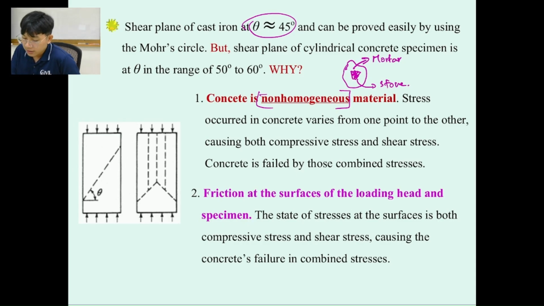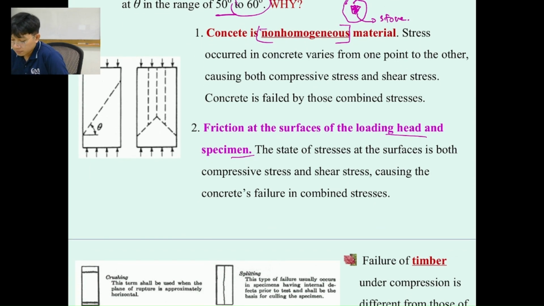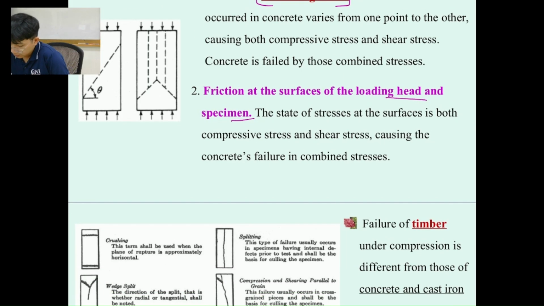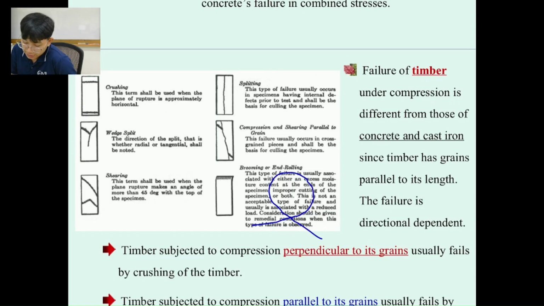Okay, so that's why it fails at 50 to 60° most of the time. And friction between the surface of the loading head and the specimen can occur. Okay, so we need to cap it first before we test it. Otherwise, it's going to fail by the combined stress layers.